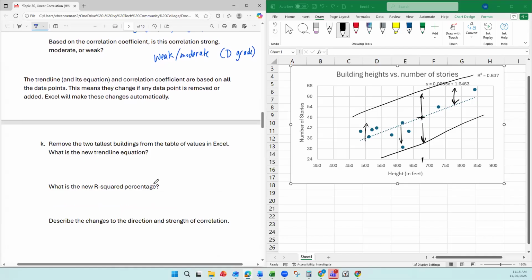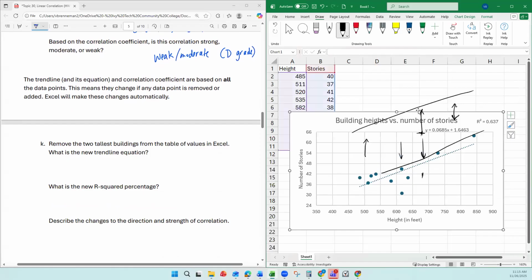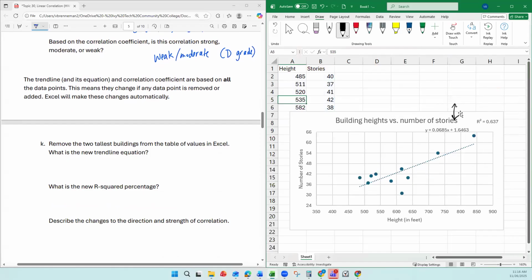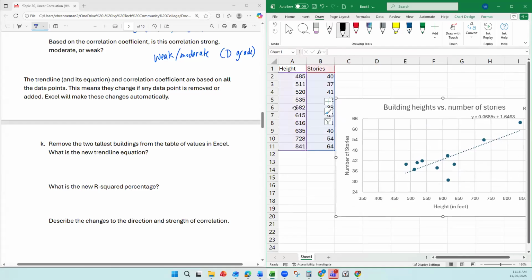All right. So let's see what happens if we change some of these points, because all of this again is based on every single one of these data points. Okay, so I'm going to get rid of those two tallest buildings.